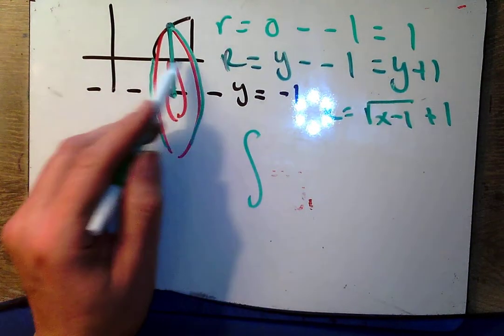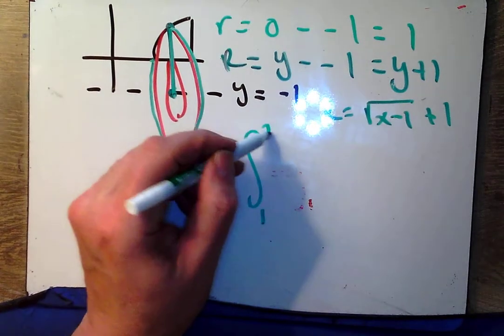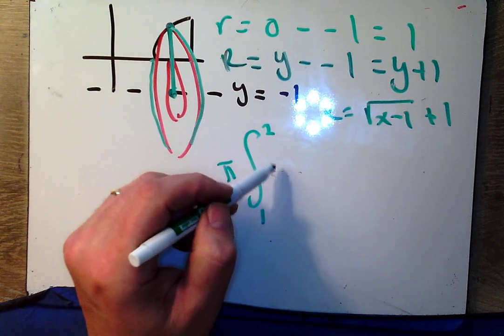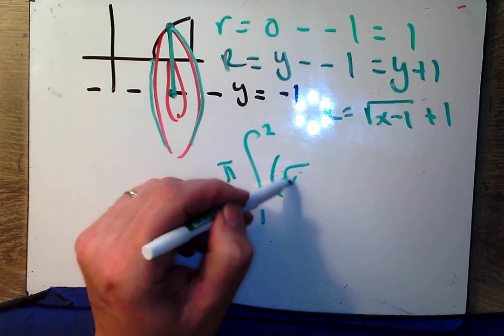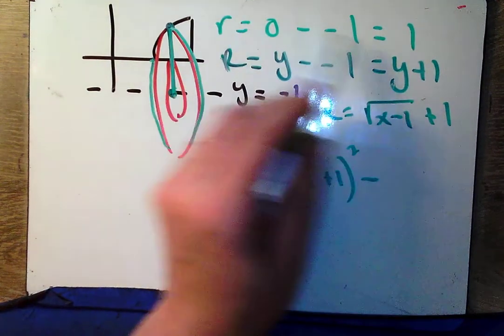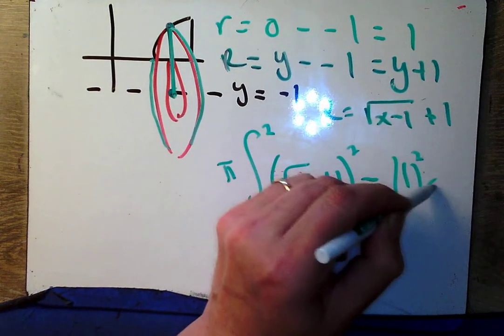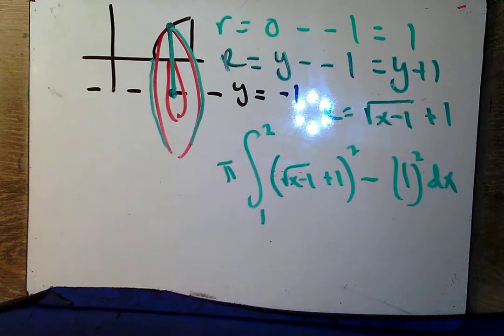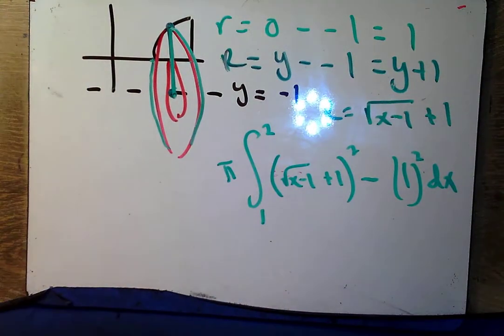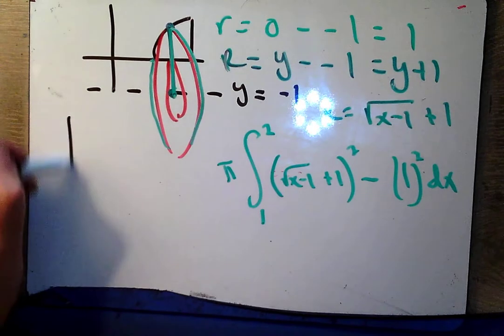I need x values, so I'm going from 1 to 2. And I want pi, big R, square root of x minus 1 plus 1, squared, minus little r squared, dx.